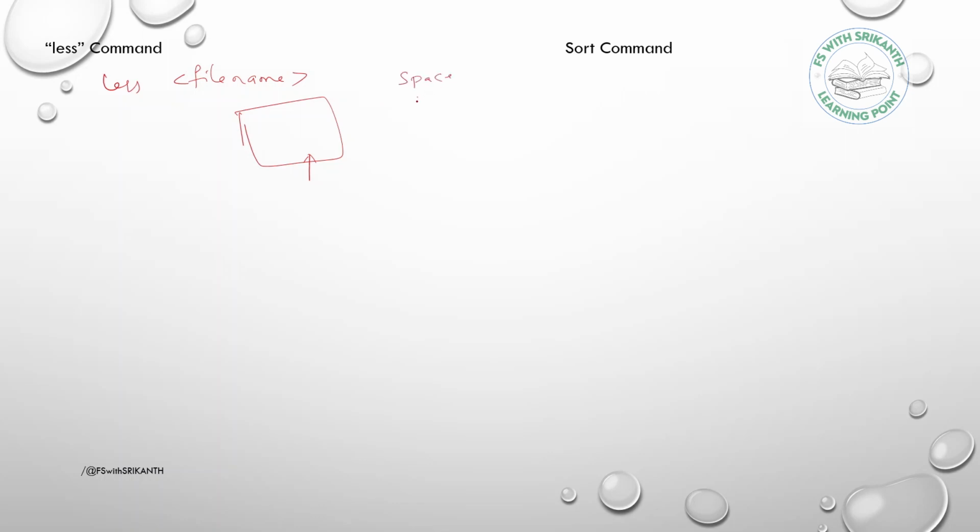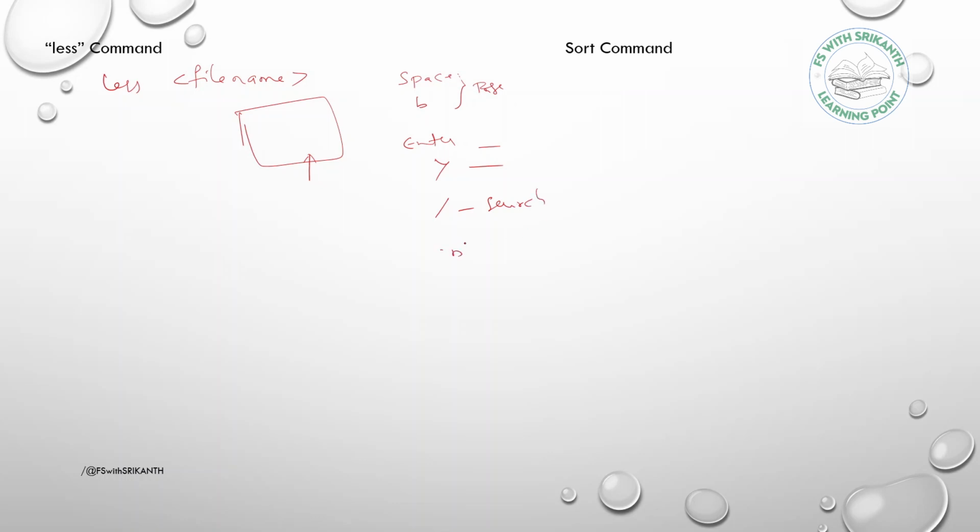Space is for the next page and b is for the previous page, page-wise. Enter and small y are for next line and previous line, and slash is for search.